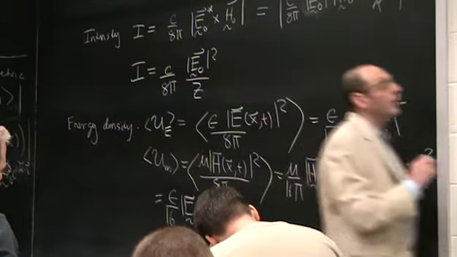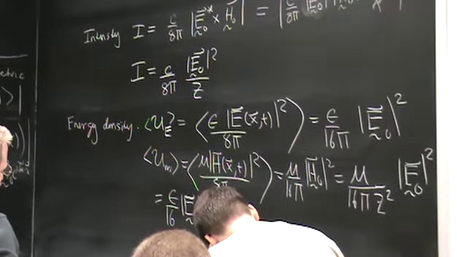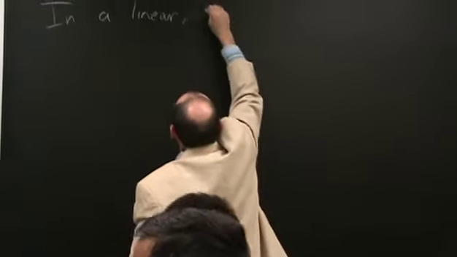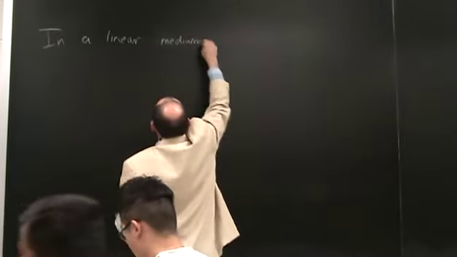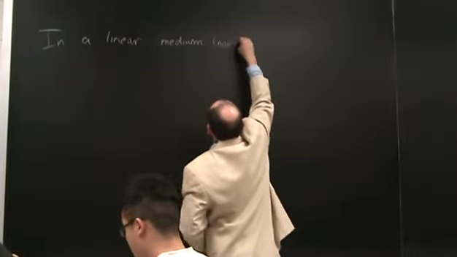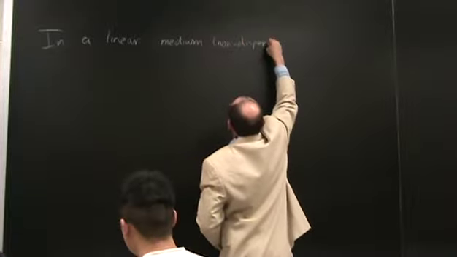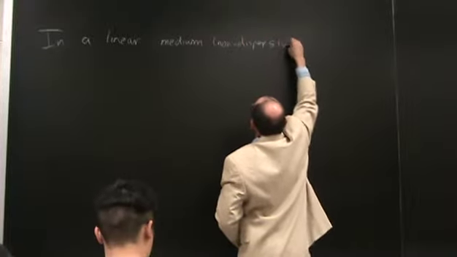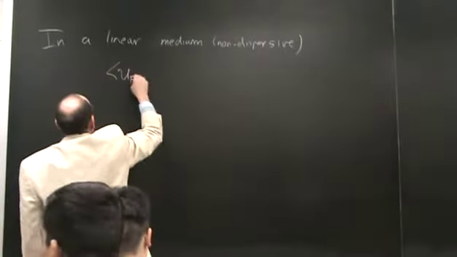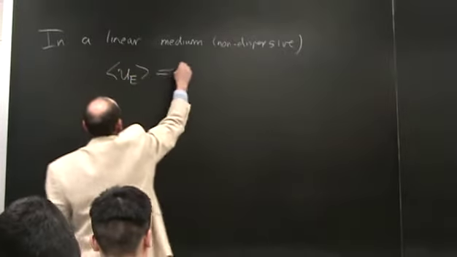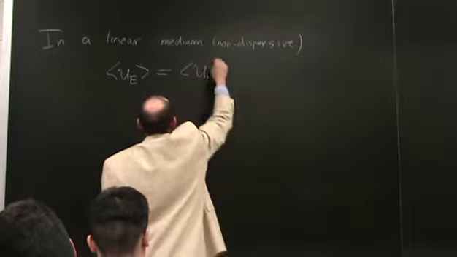So what we learned is that in a linear, non-dispersive medium, the amount of energy stored in the magnetic field, time average, equals the amount stored in the electric field.